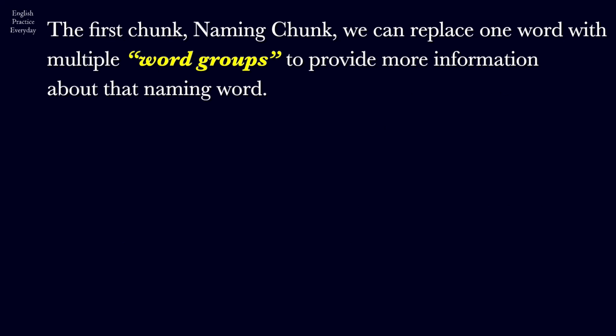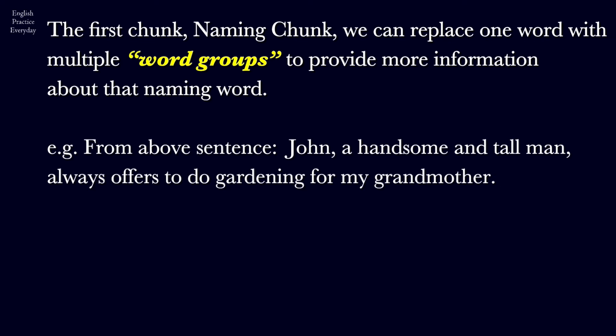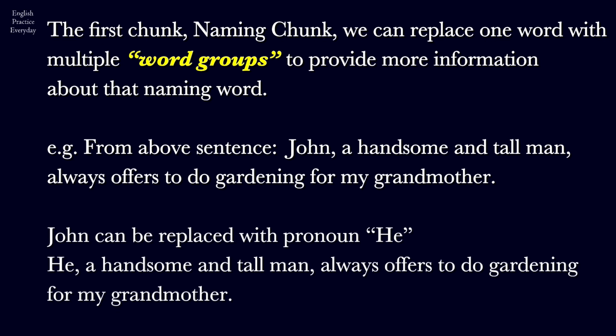The first chunk, naming chunk, we can replace one word with multiple word groups to provide more information about that naming word. For example, from above sentence, Jean, a handsome and tall man, always offers to do gardening for my grandmother. Jean can be replaced with pronoun he.